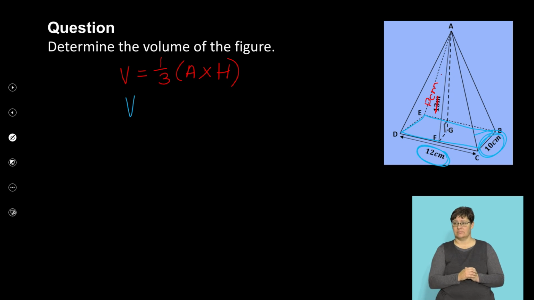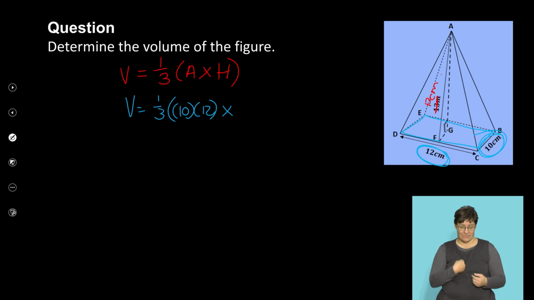So the volume is equal to a third times the area of my base, which is 10 times 12. And this is going to be multiplied by my perpendicular height. But I do not have my perpendicular height yet. I only have my slant height, which is 13 centimeters.